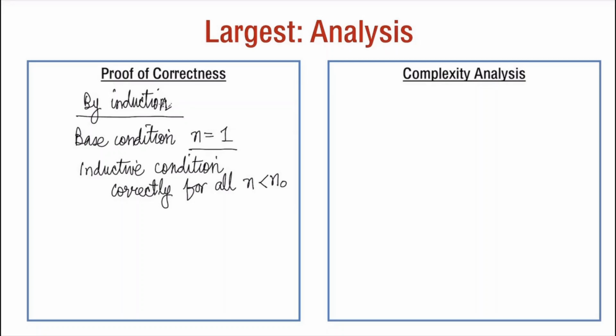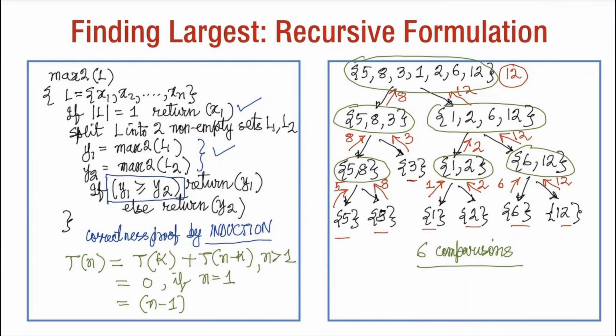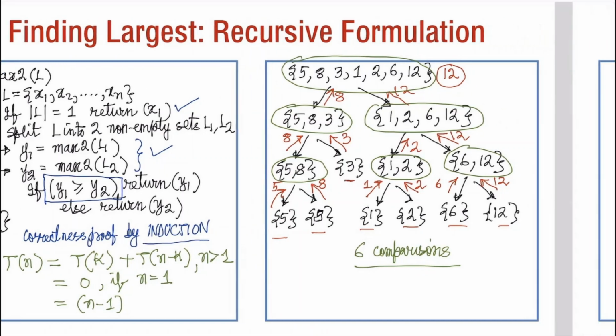So if it finds it correctly for all n less than n naught, then we can prove from this condition that if it has found it correctly for this one, then this comparison is enough for it to find the correct answer.